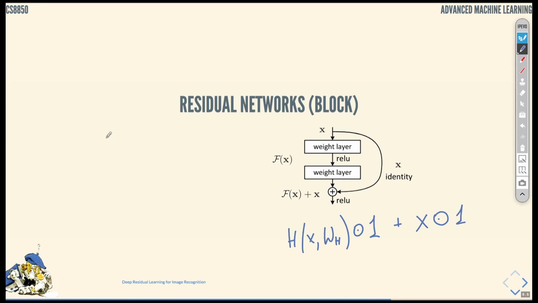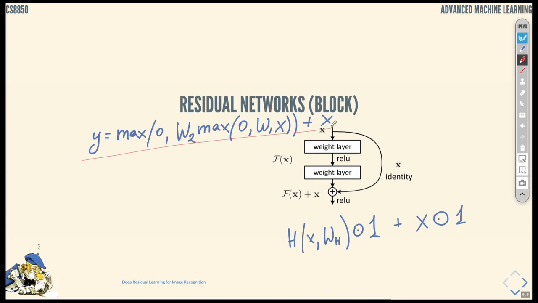Let me try. Our output y will be ReLU of W2 of another ReLU transformation W1 x, plus x. So effectively what I've written here is exactly the same as what's drawn in this diagram.